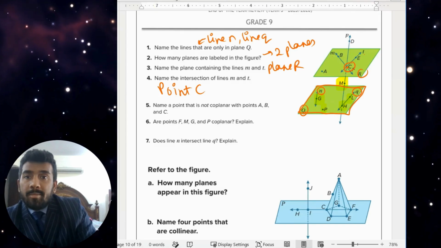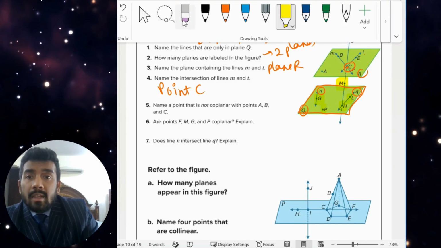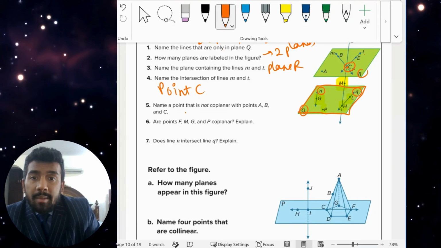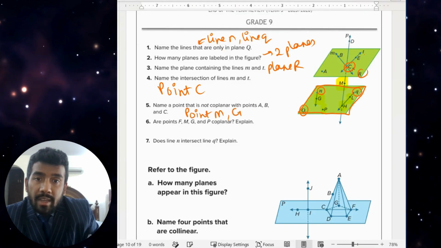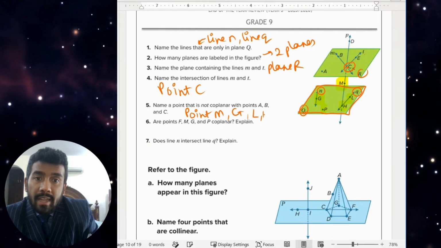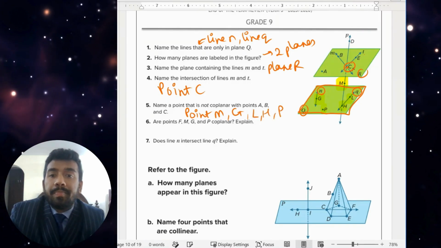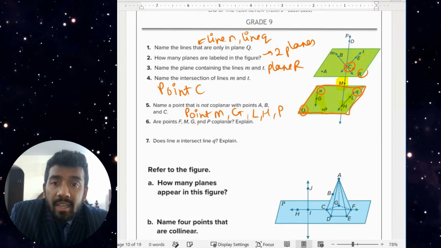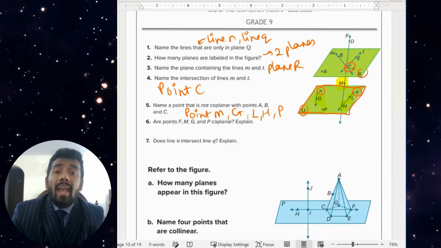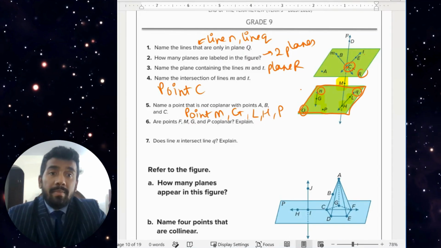Okay. So it will be under the option. So I'll take point M or also point G. I can write point L, point H, point P. Okay. Next one. Are the points F, M, G, and P coplanar? So F, M, G, and P, are they inside one plane?